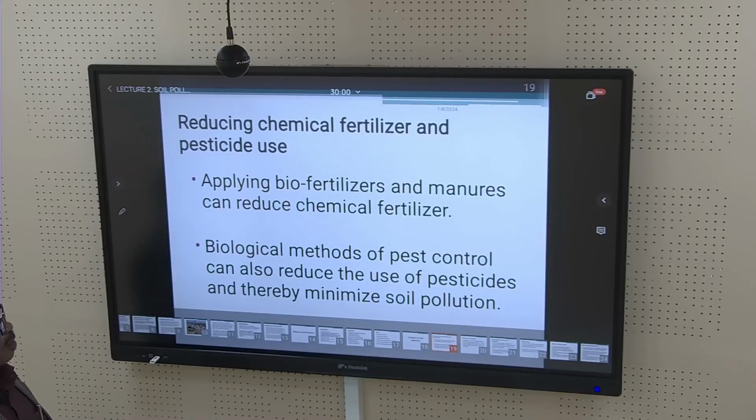How? By applying biofertilizers and manures, we can reduce chemical fertilizer. Second, biological methods of pest control can also reduce the use of pesticides and thereby minimize soil pollution.